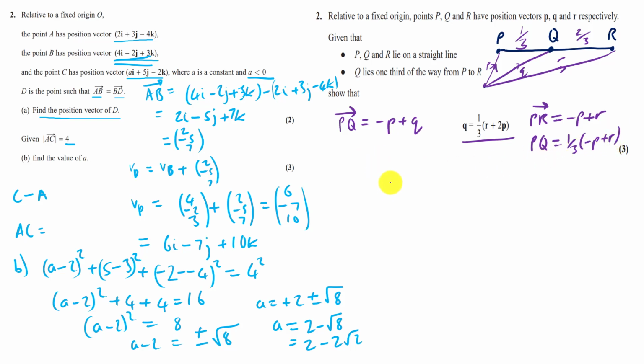So we do minus P plus Q equals 1/3 of minus P plus R. Now we're just going to try and rearrange that in terms of Q, so we're going to add P on each side.